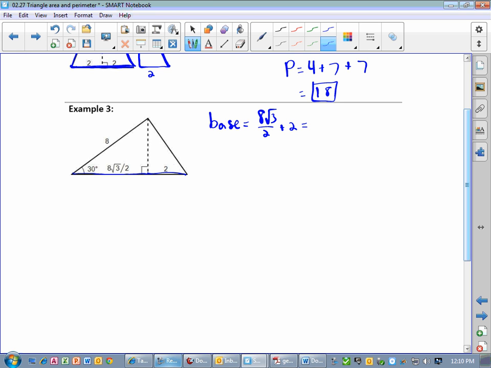Look at your 8, John. 8.928. You have 8 squared times square root. Okay, so 8.928 is our base. What's our height?